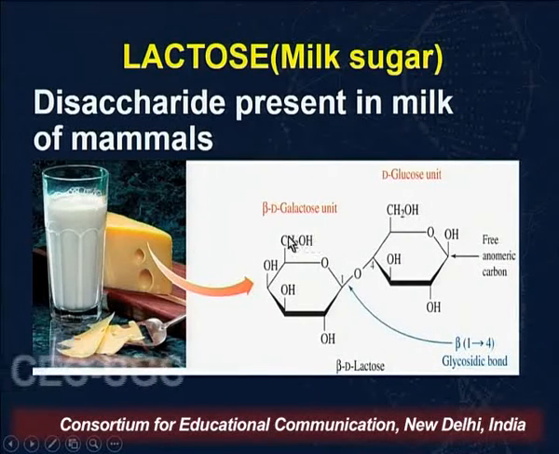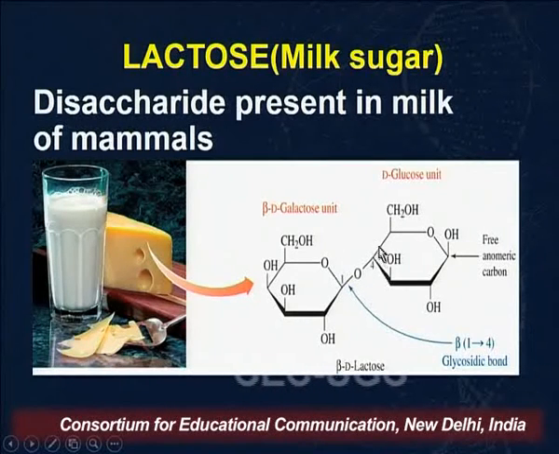We've specified beta here because the bond between the carbon and the oxygen is facing upwards. So the question arises, what is the linkage here? Is it alpha or is it beta? The linkage is beta since the bond between the carbon and the oxygen of the glycosidic bond is pointing upwards.